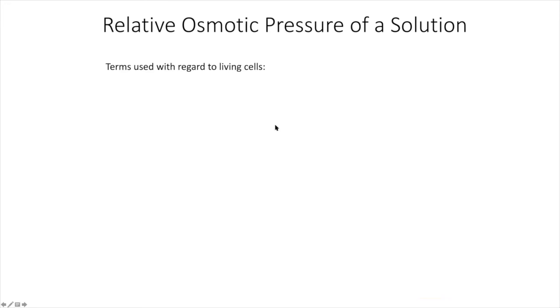So something else we want to talk about with regard to osmotic pressure is the medical terminology. You may have heard these before in some other class. If we say a solution is hypertonic, if we say a kid is acting hyper, it's got too much energy, right? Well, hypertonic means there's too much solute dissolved in the water when compared to a living cell.